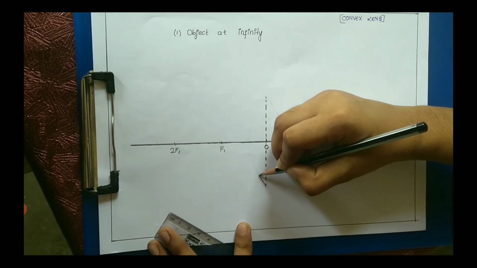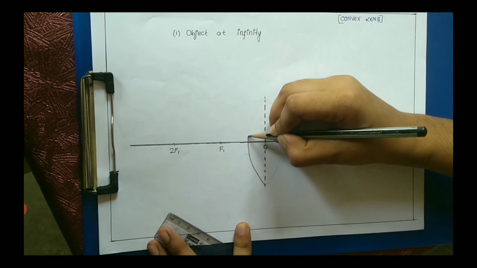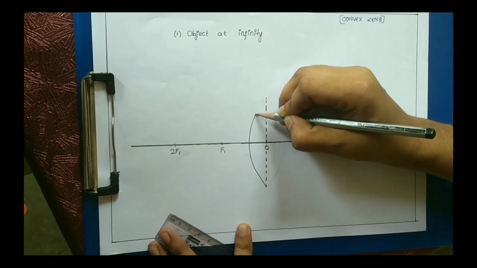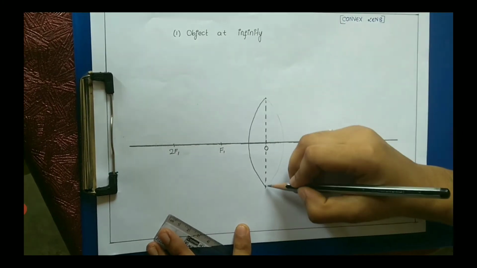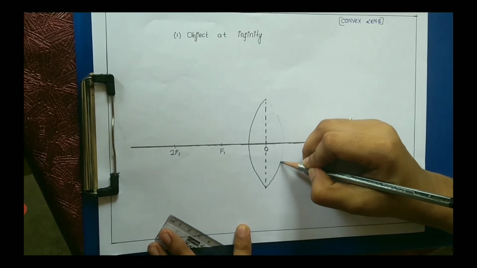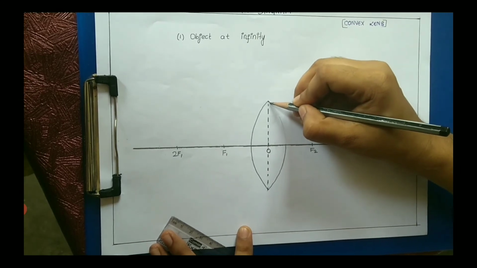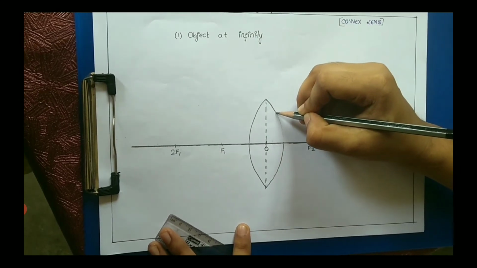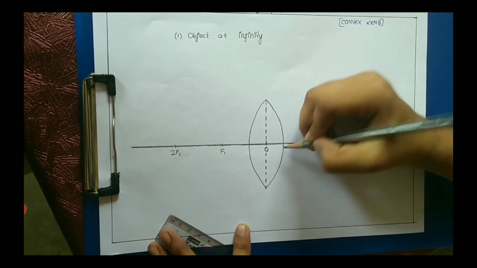You draw the lens with convenient radius of curvature. You will get a 2 marks question to draw the ray diagram, so you draw it neatly. You can do it fast.